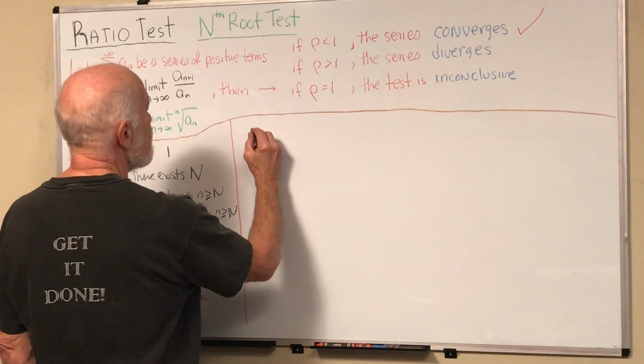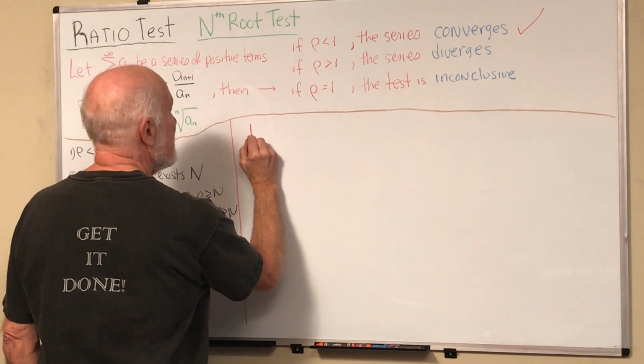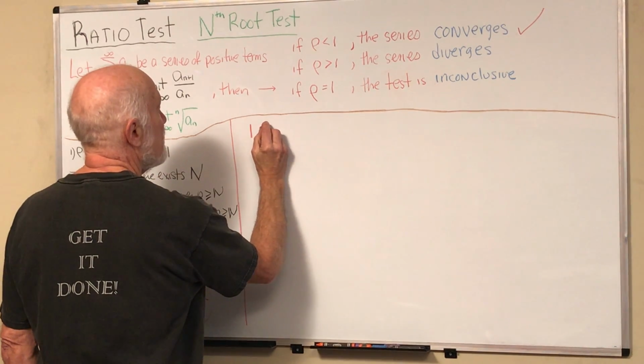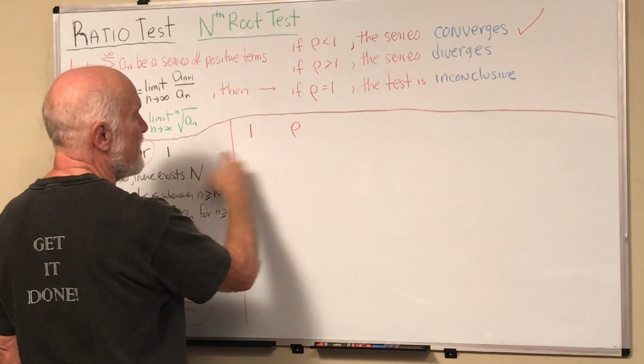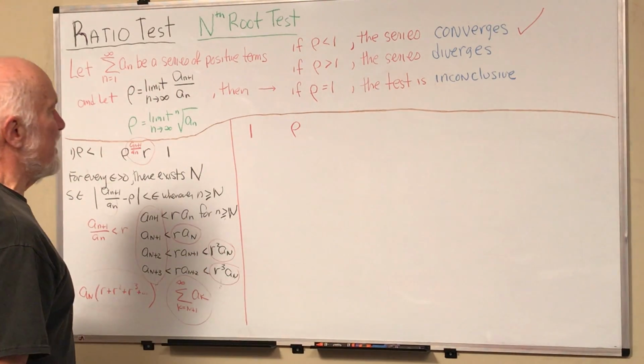Now, what if rho is greater than 1? So what if I can put rho right here on the number line and rho is greater than 1?